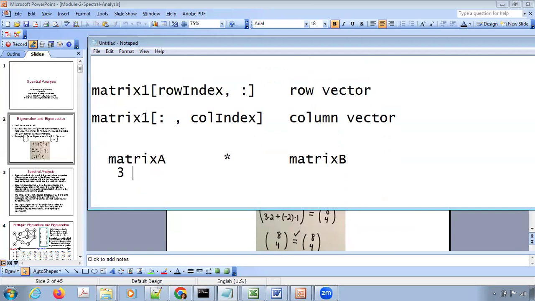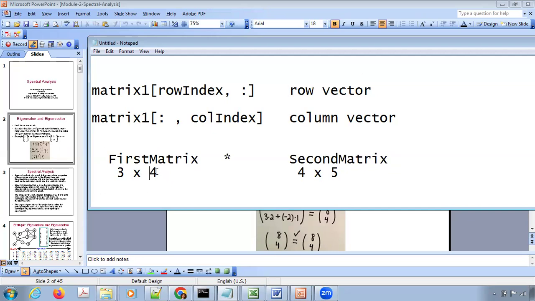Let's say it's a 3 by 4, and this is, say, a 4 by 5. So if you want to be able to multiply two matrices, the rule is this. The number of columns in the first matrix, so let's name it first matrix to make it very easy to remember.